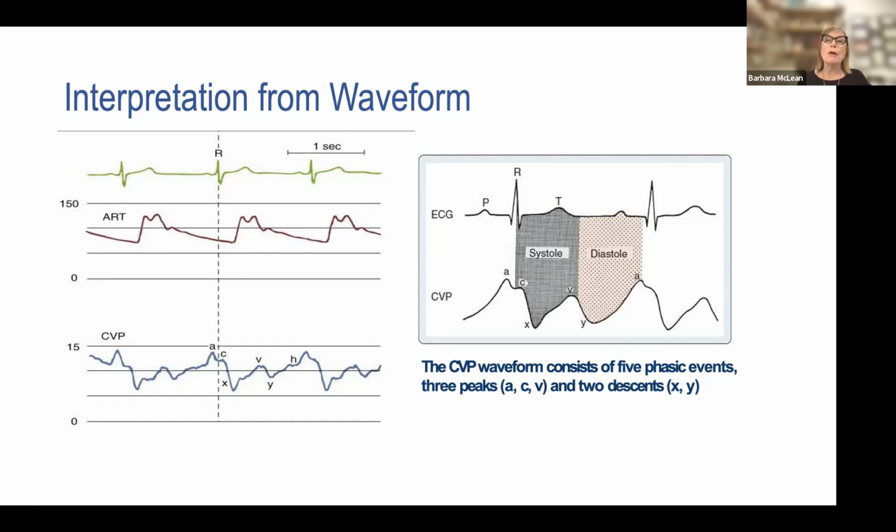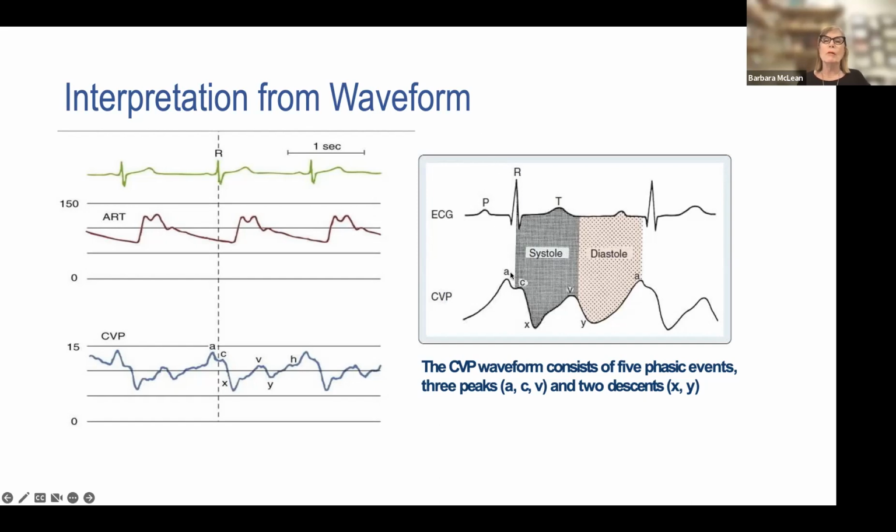When the atria contracts, the atrial chamber gets less compliant and the pressure goes up. P wave causes atrial contraction. I visualize that in my CVP as an A wave, the pressure increase in the atria on atrial contraction.